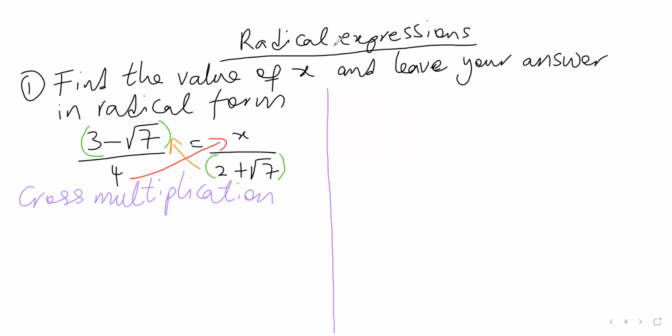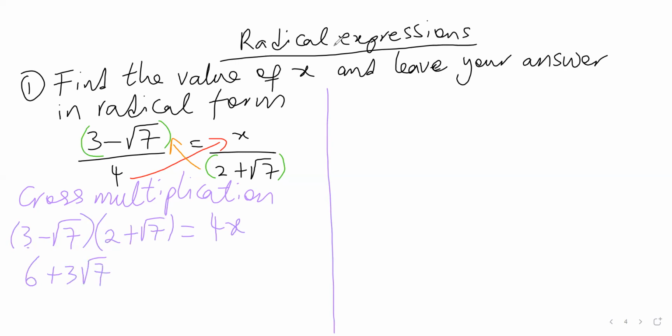So we'll end up with 3 minus square root of 7 times 2 plus square root of 7 is equal to x times 4, obviously 4x. Okay, so when you expand these two binomials, 3 times 2 is 6, 3 times square root of 7 is plus 3 square root of 7, right?